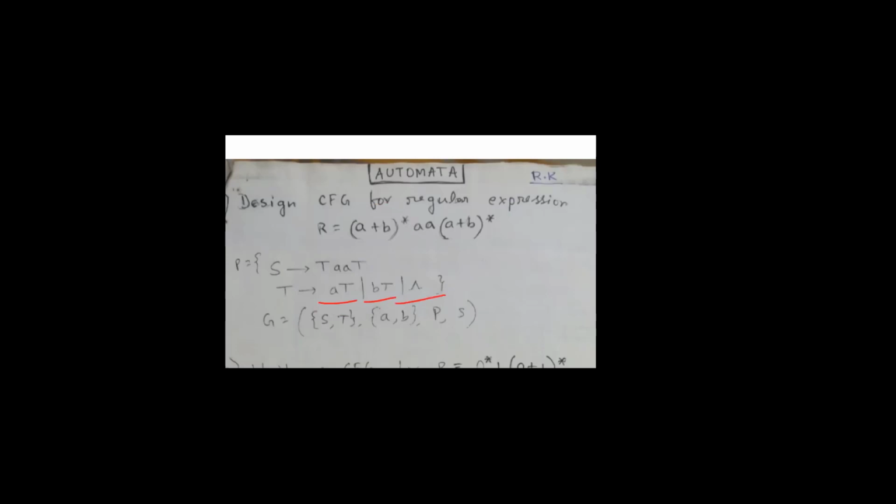This part basically produces (A plus B) whole star. So combined, this set of productions is a context free grammar that can be used to generate this regular expression.